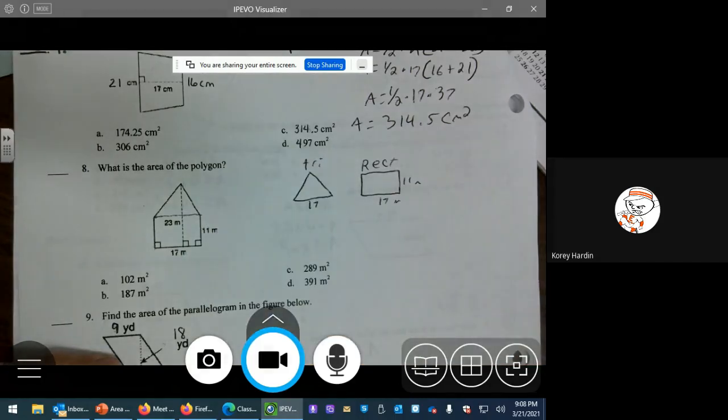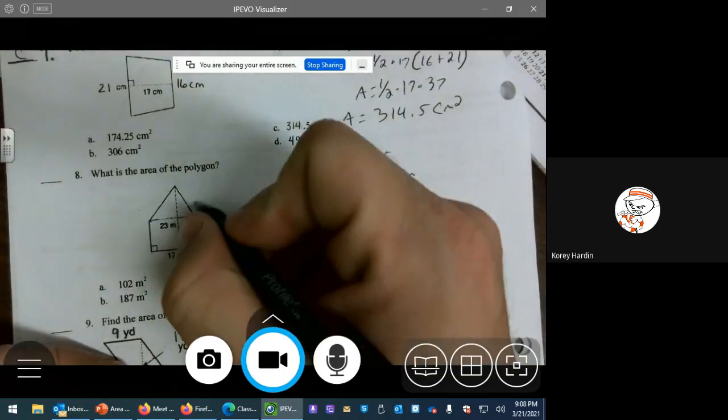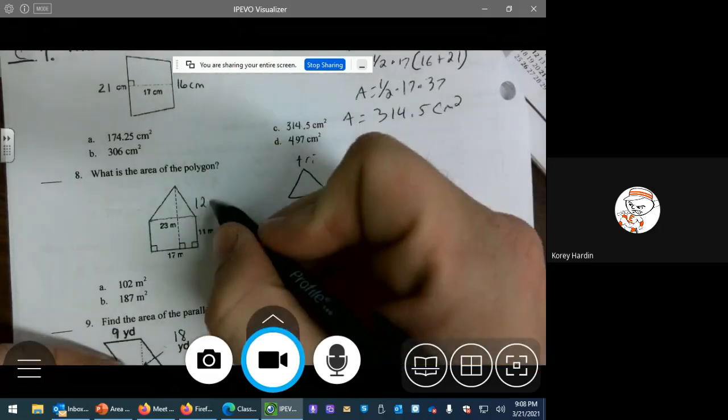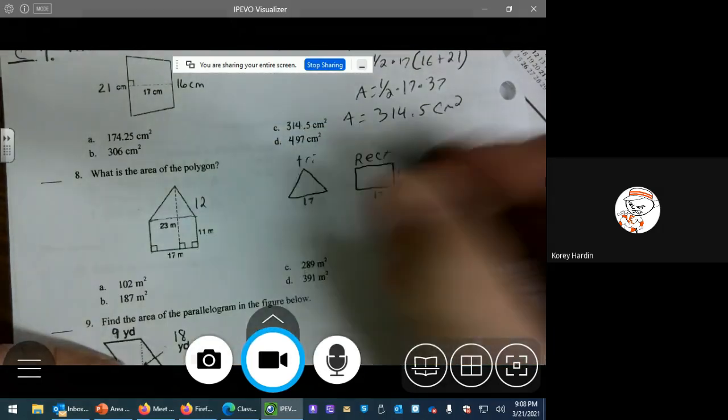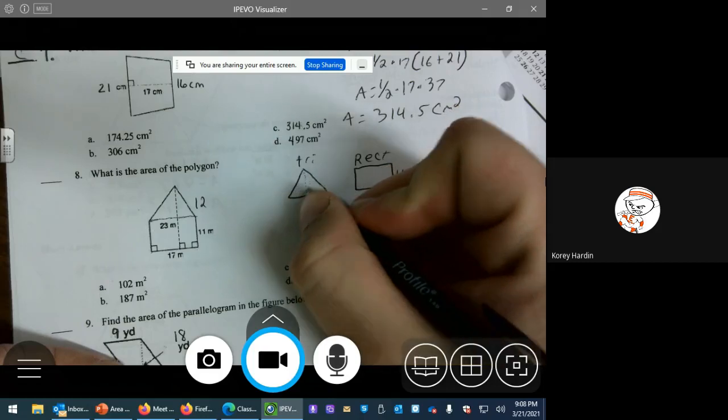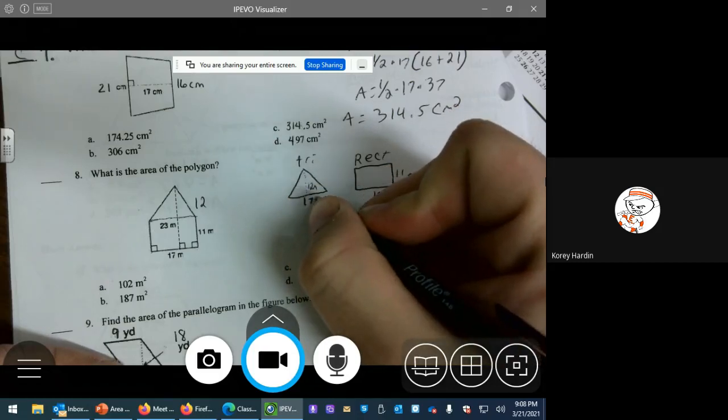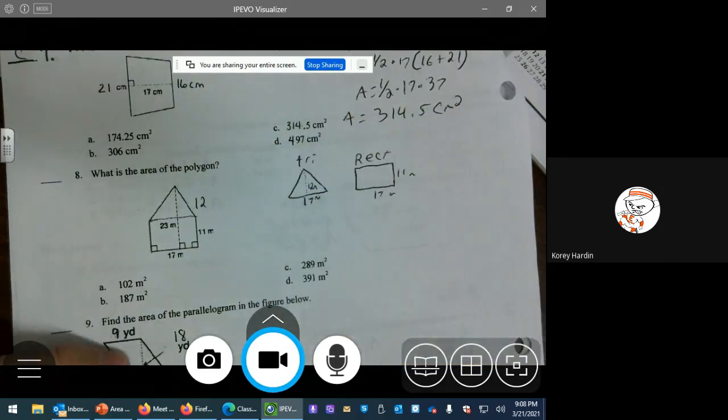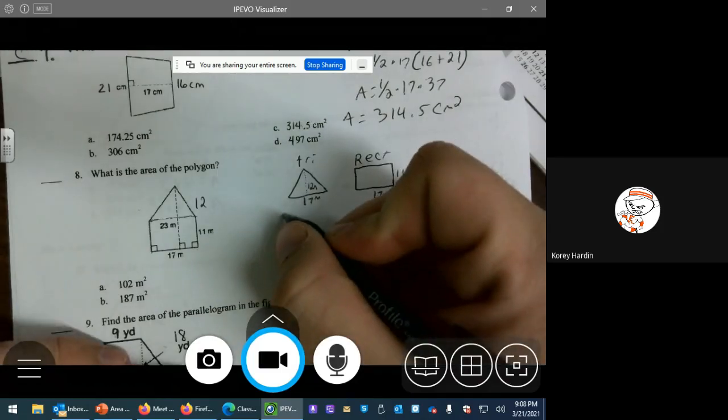So what I'm going to do is I'm going to type 23 minus 11 into my calculator. I'm going to get the height of the triangle, which is 12, because 12 plus 11 equals 23. So I'm going to write that right there. Okay, now I've got to find the area of both shapes and add them together.